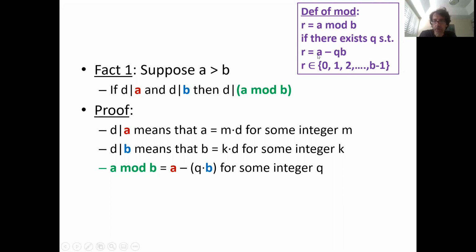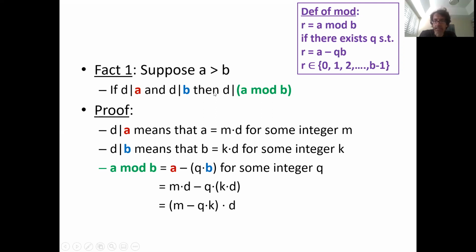For our purposes, what we need is just this part, that R is a linear function of A and B. So R, which is A mod B, the remainder of integer division of A divided by B, is A minus some multiple of B. Now, because both A and B are multiples of D, I can rewrite this, take M minus QK, group them together, and this thing turns out to be a multiple of D.